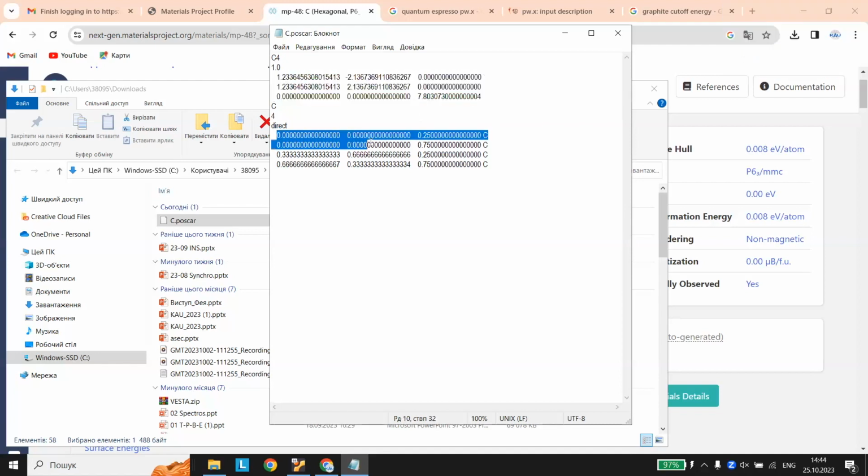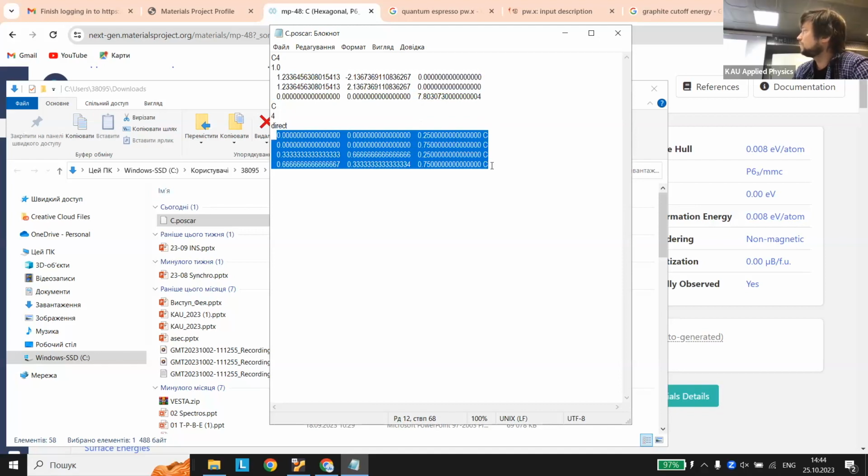It's the lattice. Then we type the name of atoms, C, and the number of atoms. Then direct, which means that we use coordinates according to our lattice vectors. In Quantum Espresso it's like crystal, and you should take this. It's the coordinates of each atom.